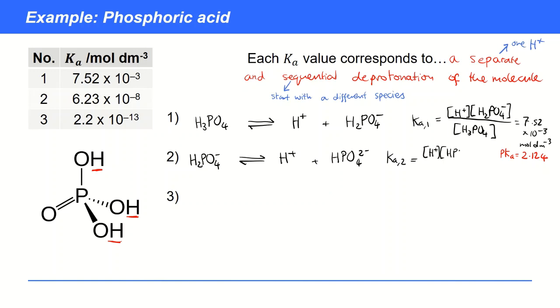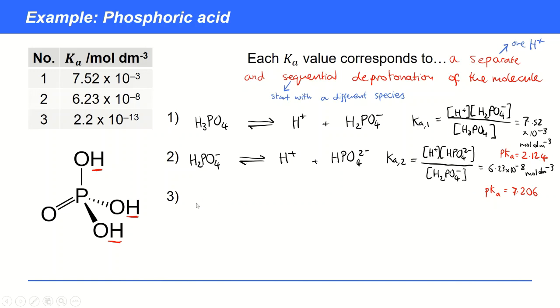We're left with HPO4 2 minus as its conjugate base, and the conjugate acid here is H2PO4 minus, and that one there would have a value of 6.23 times 10 to the minus 8, or a pKa, in this case, of 7.206.